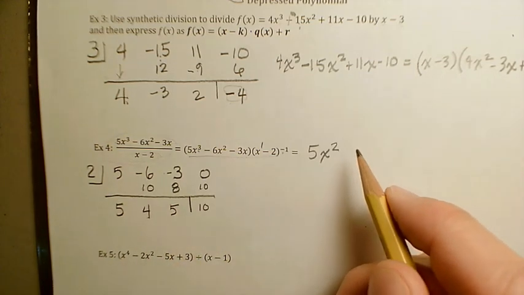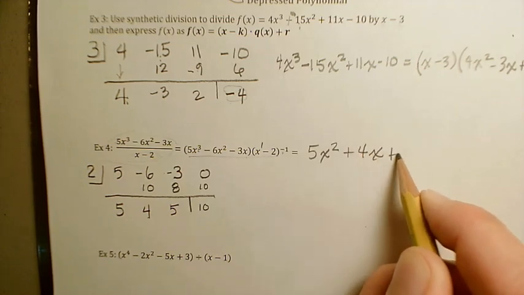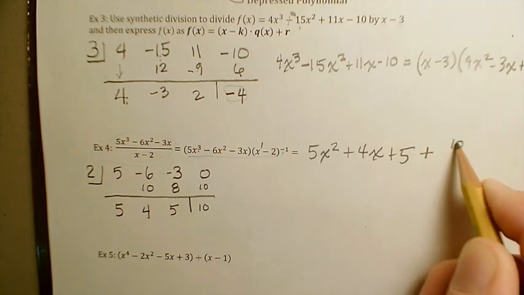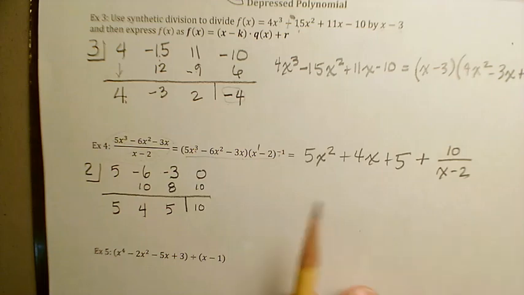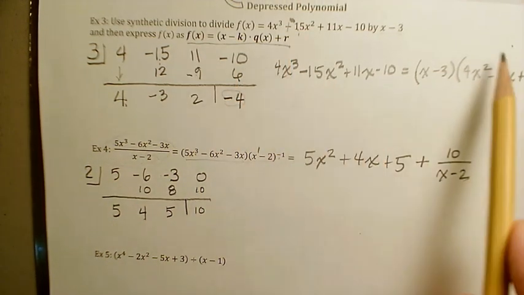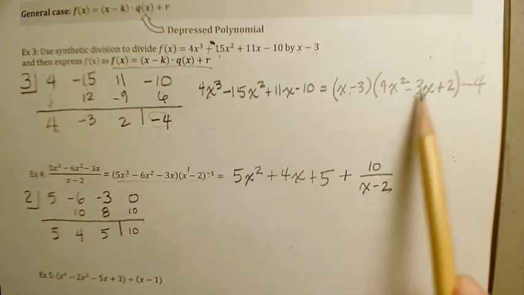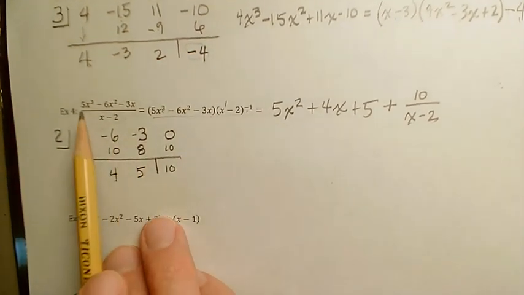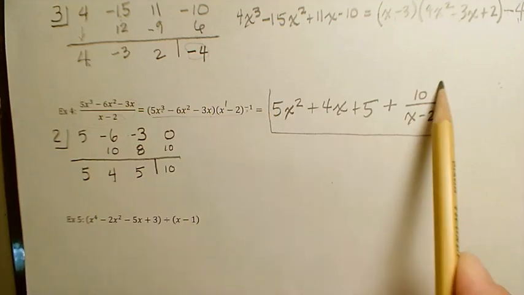All right, so we have 5x squared plus 4x plus 5, and then plus 10 over what we were dividing by, x minus 2. If they tell us to write it in this format, then go back and rewrite it as the divisor times the depressed polynomial plus the remainder. But if they don't, and they just ask us to simplify this, then write this as your answer.